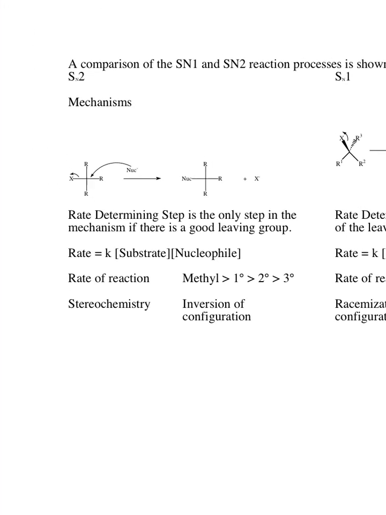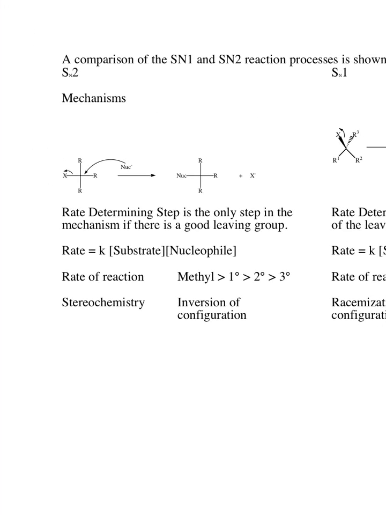So here we have how to describe what's going on in both of these mechanisms. In an SN2, I'm going to blow it up on this page. We can talk about each one. We have the direct displacement. The rate determining step is the only step in the mechanism if there's a good leaving group. The rate is equal to the concentration of both the substrate and the nucleophile. So if you double one of those two, you double the rate of the reaction.